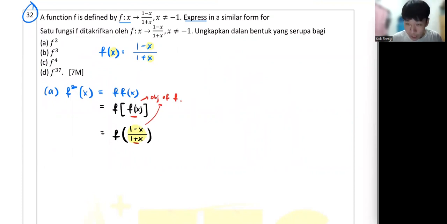Okay, so the left side, you can skip that, we already done the step. Now the right side. Okay, let's go. 1 minus, the object, the bottom.